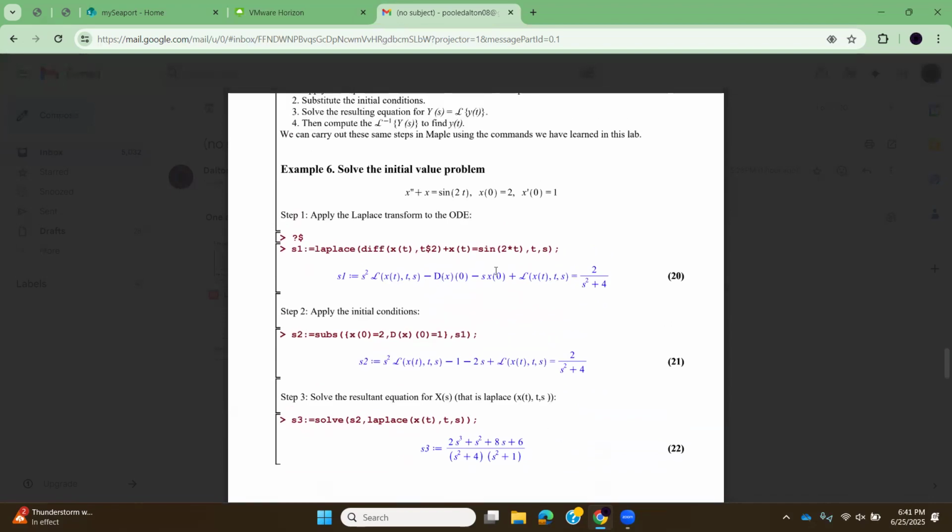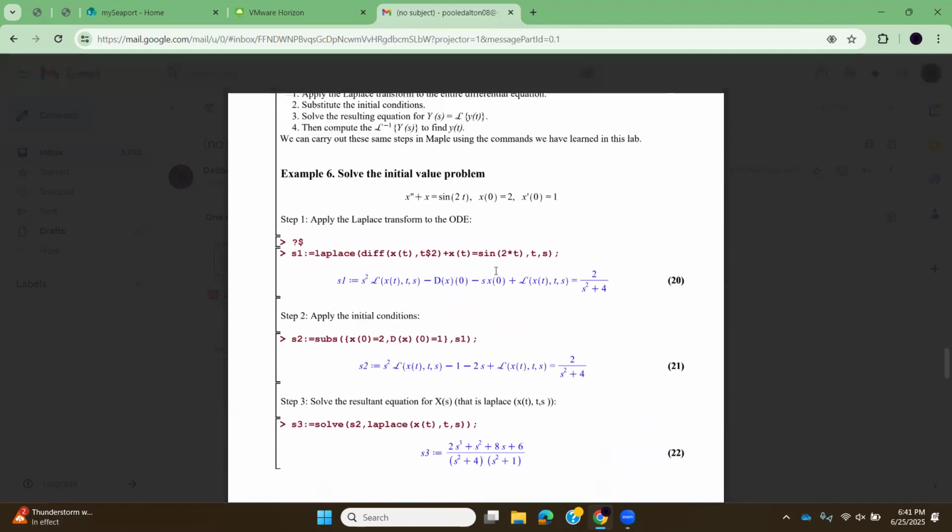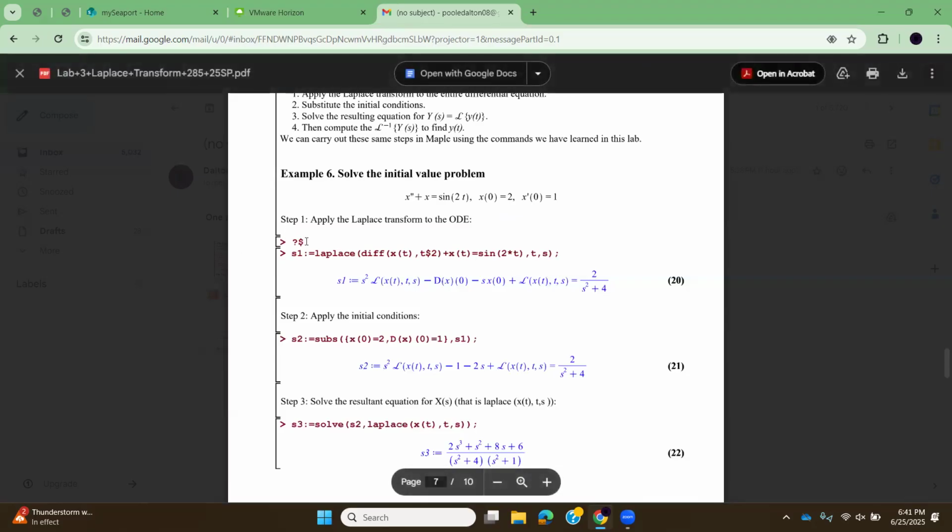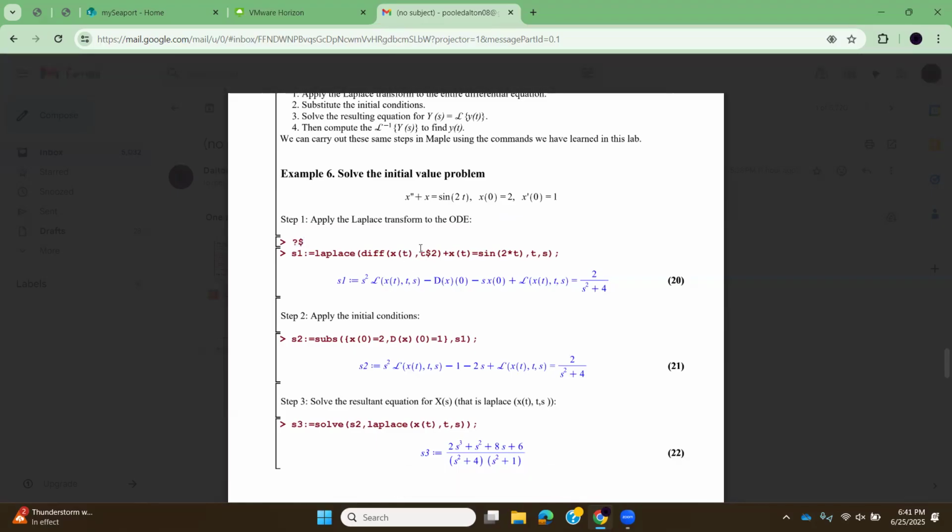So basically, it looks like we're just going to define our differential equation. It looks like this is a new syntax to say the second derivative, right?